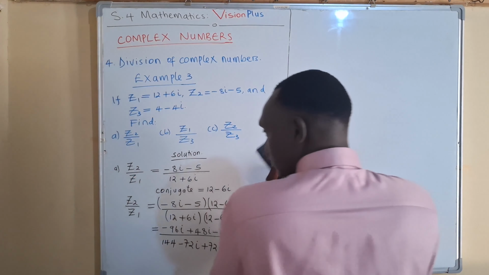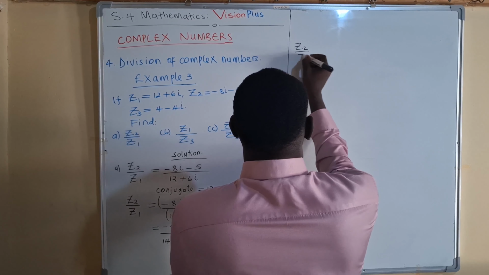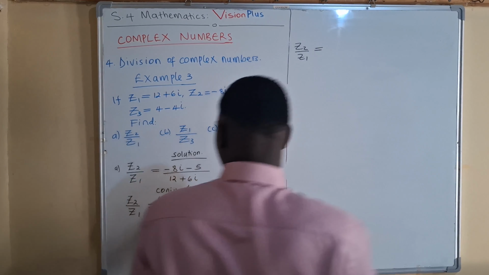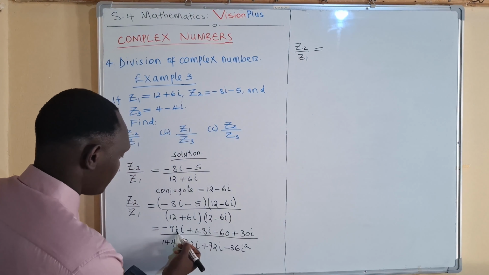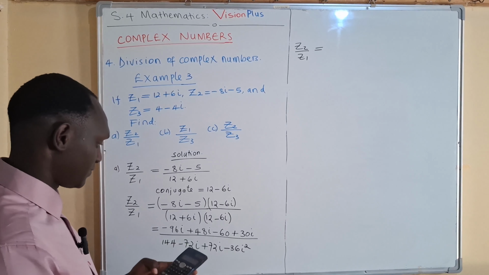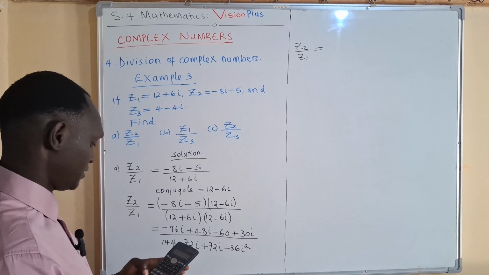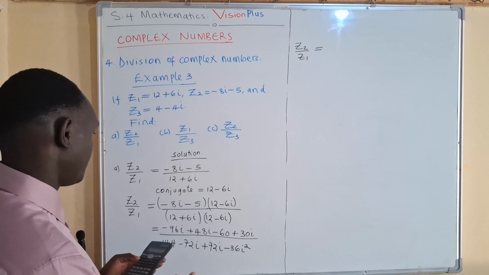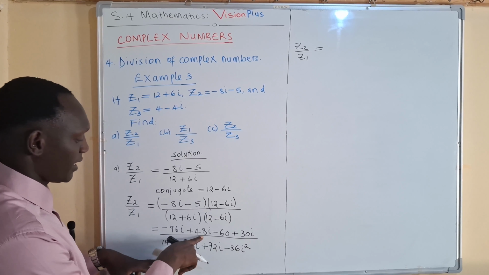And then we'll go on to simplify Z2 out of Z1 equals, now we need to collect the like terms. I suspect a square here.